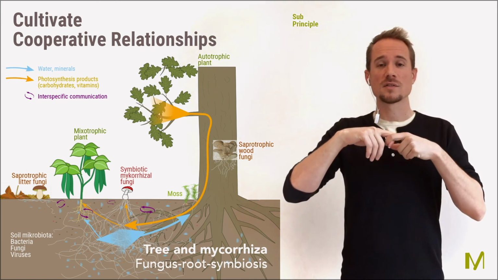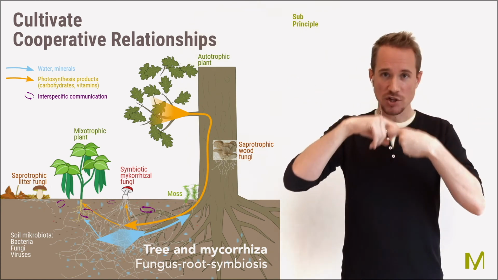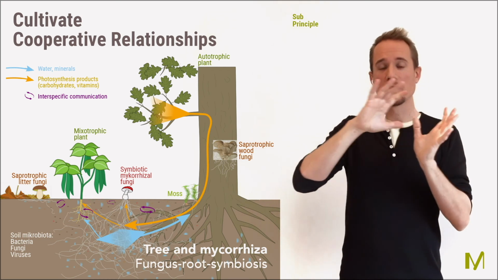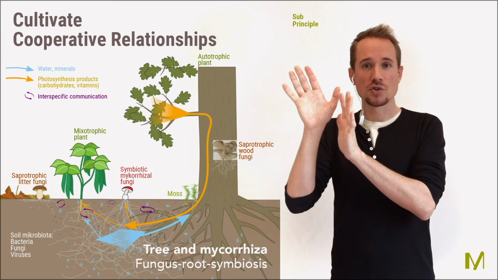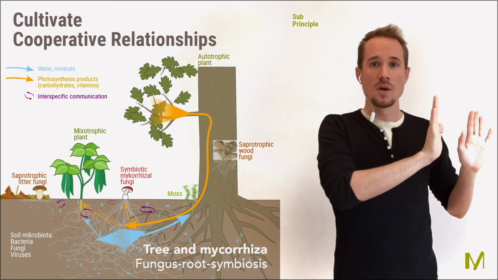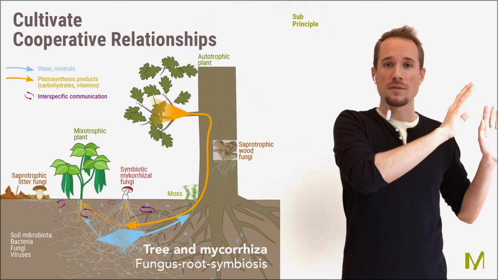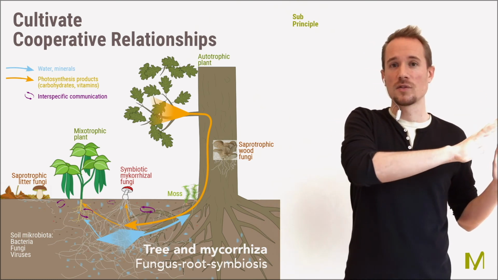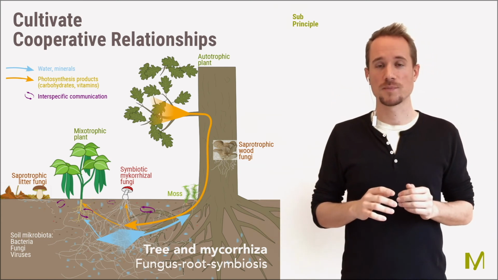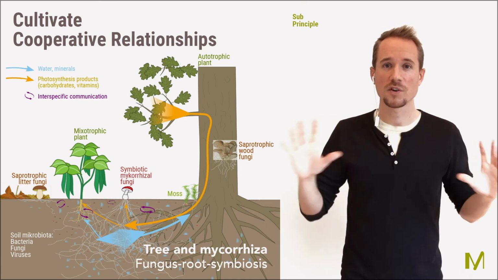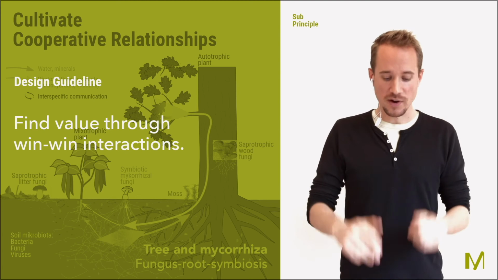The trees accept that, they even want that, because now they can exchange water and minerals for sugar. So the tree gives a part of its sugar from photosynthesis to the mycorrhiza, to the fungi, and the fungi gives the tree access to more water and minerals and nutrients. What's our design guideline here? Find value through win-win interactions.